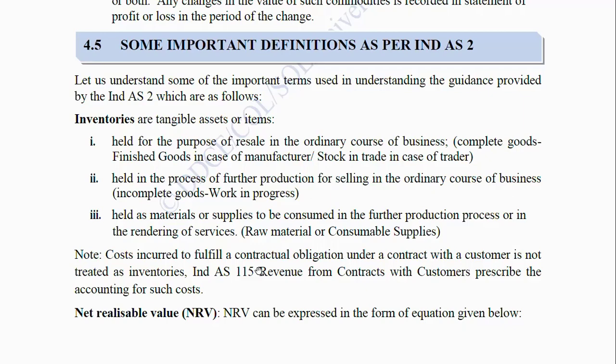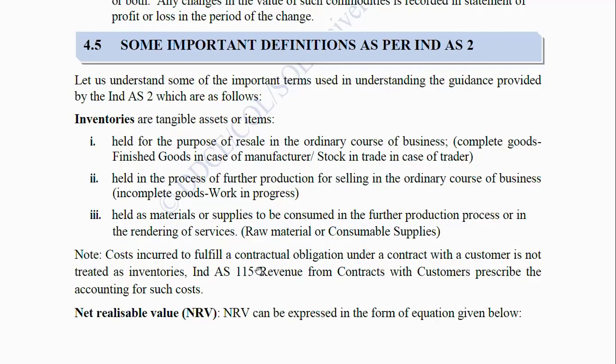Inventories are tangible assets or items held for the purpose of resale in the ordinary course of business: complete goods or finished goods in case of manufacturer, stock in trade in case of trader; held in the process of further production for selling in the ordinary course of business, that is incomplete goods, work in progress; held as materials or supplies to be consumed in the further production process or in the rendering of services, that is raw material or consumable supplies.